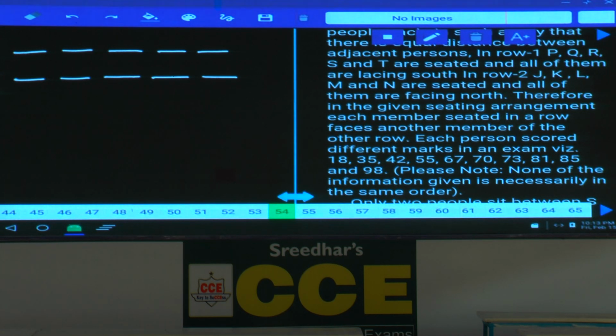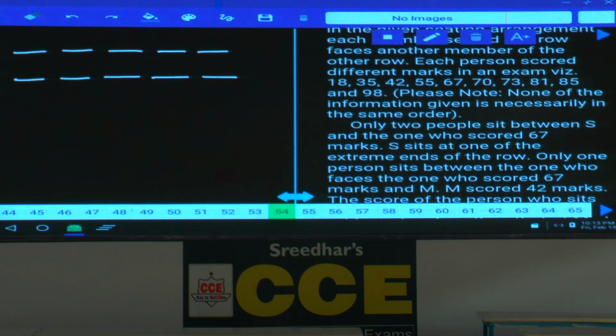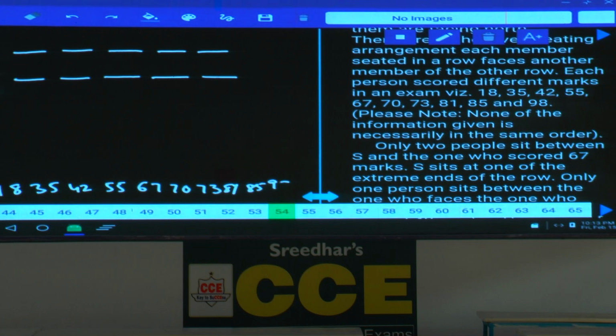Therefore, in the given seating arrangement, each member seated in a row faces another member of the other row. Each person scored different marks in an examination. What are the marks here? 18, 35, 42, 55, 67, 70, 73, 81, 85, and 98. Now, in total, 10 marks.